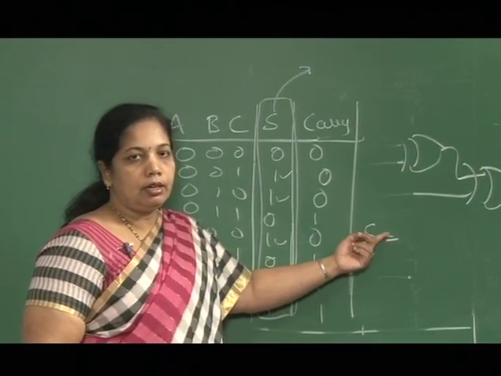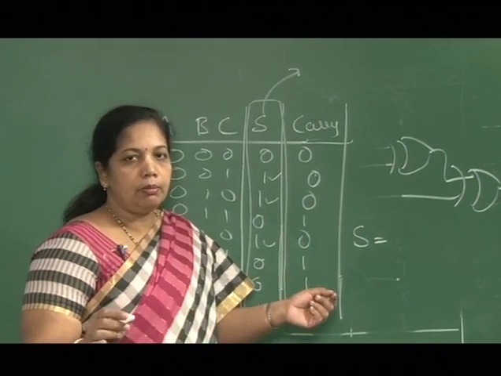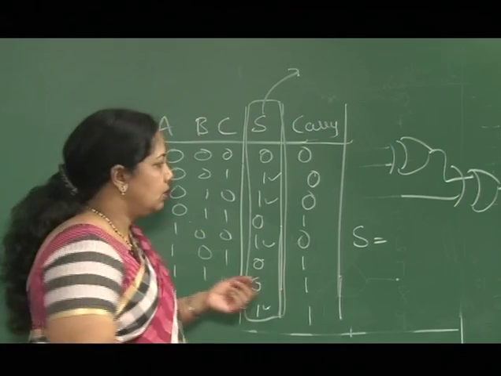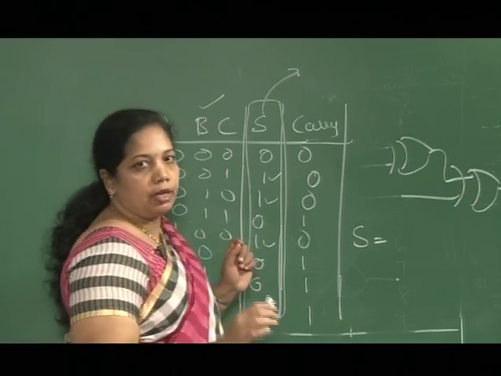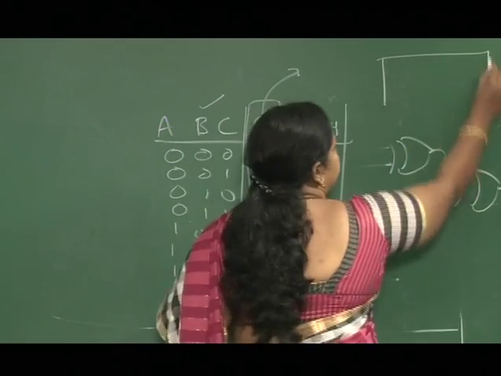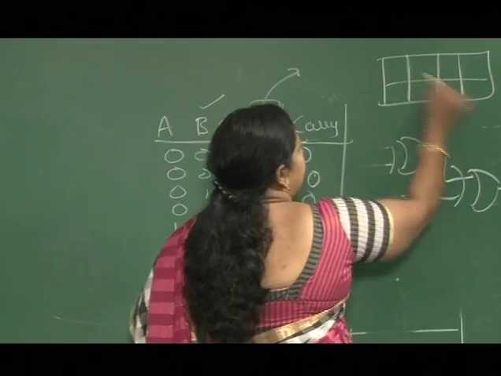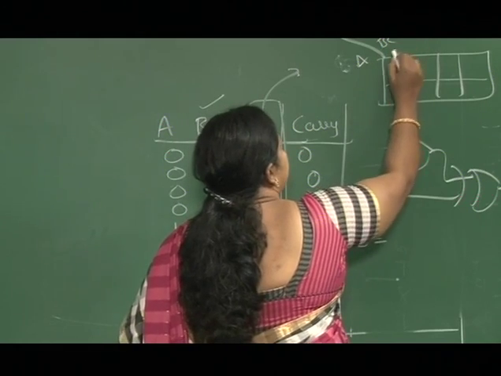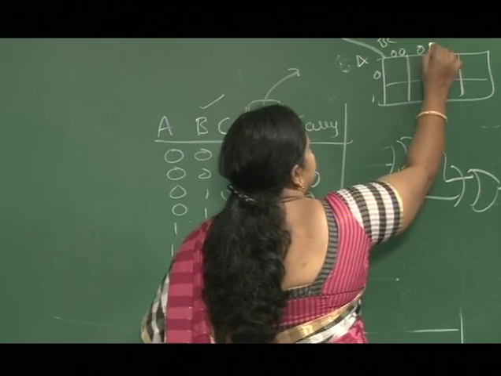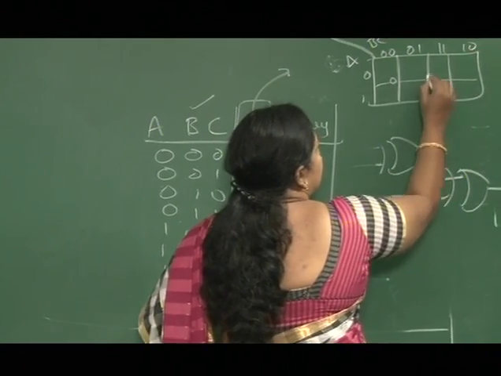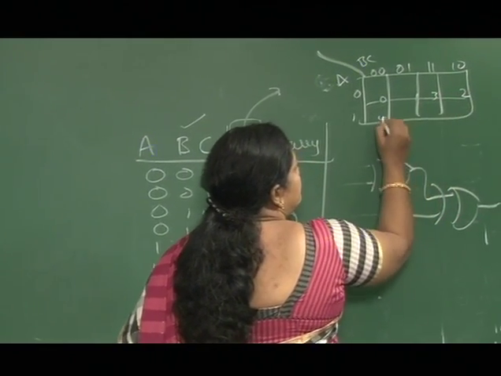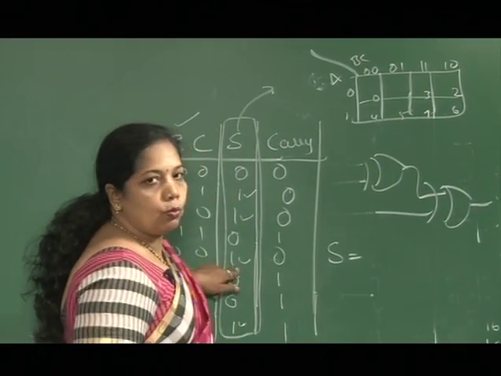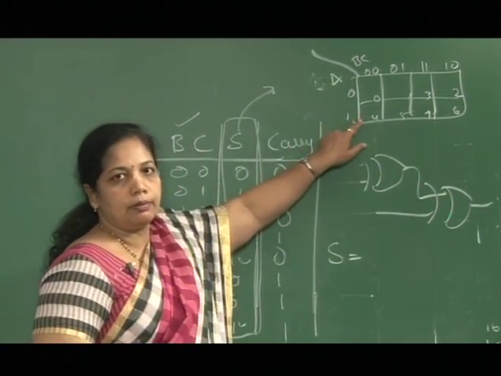Either I can reduce this equation using K-map, or I can reduce it using Boolean law. If I am taking K-map, I will be taking a 3 variable K-map, with A, B, C. So this is the 3 variable K-map. I am going to enter 1 in that particular cell.